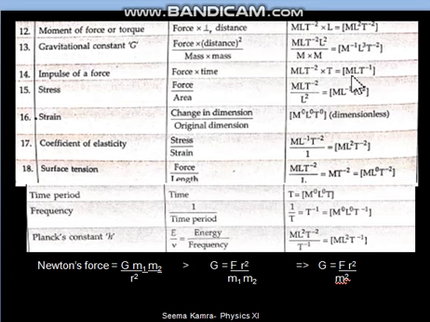If you notice, the impulse dimensional formula and the momentum dimensional formula are the same. We will study in unit number 2 that impulse is equal to change in momentum only. That's why their dimensional formulas are the same.